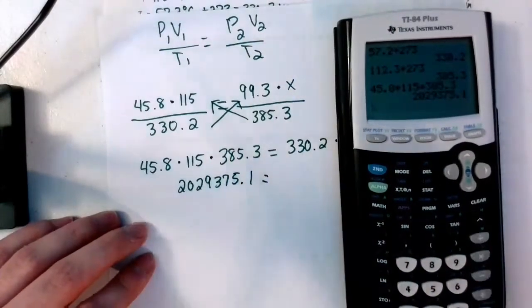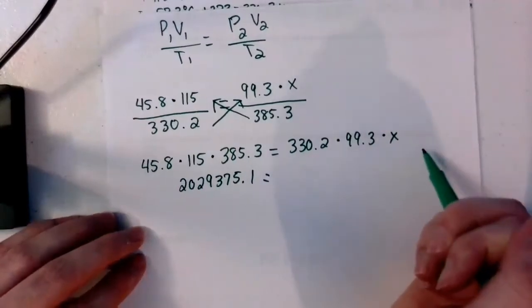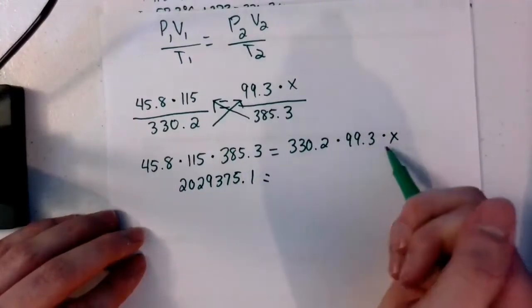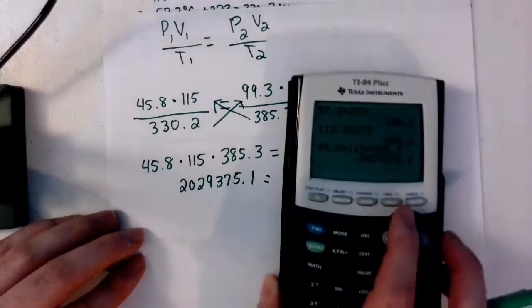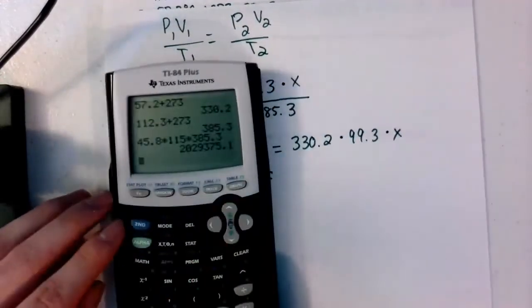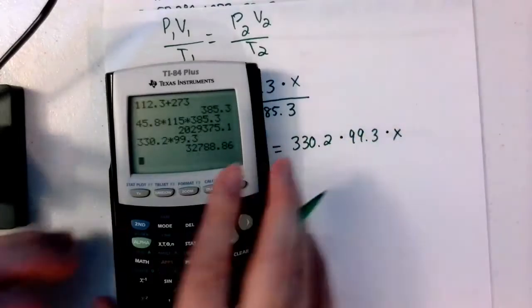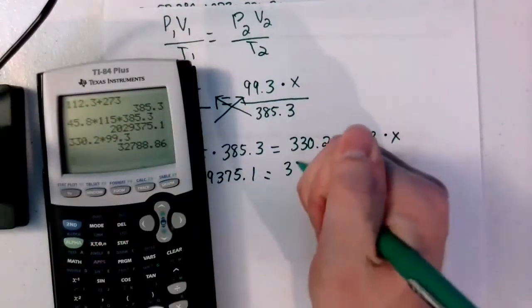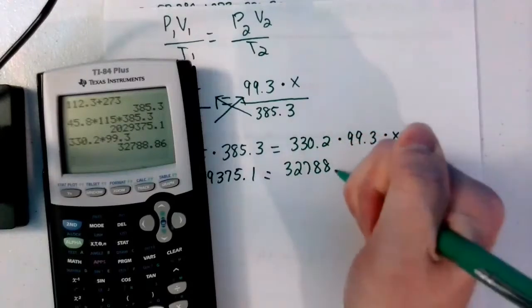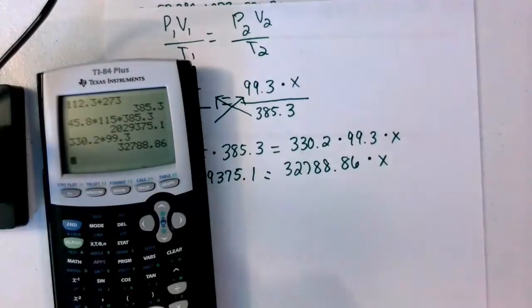Equals, on the other side, we only have two numbers to multiply together times X. So I'm going to multiply these two numbers together, and then I'm just going to leave the X alone for right now. On this side, I'm going to have 330.2 times 99.3. And that gives me, and I'm just going to copy this number over, 32788.86. But don't forget, we still have times X over here.